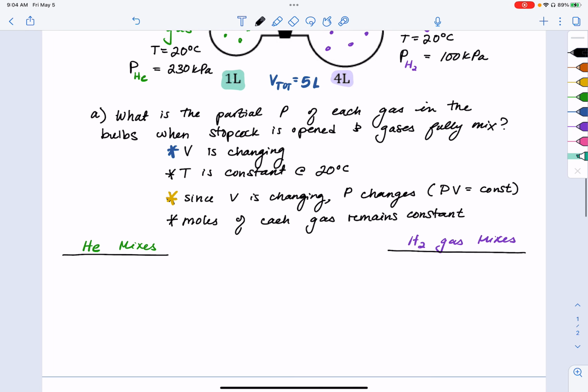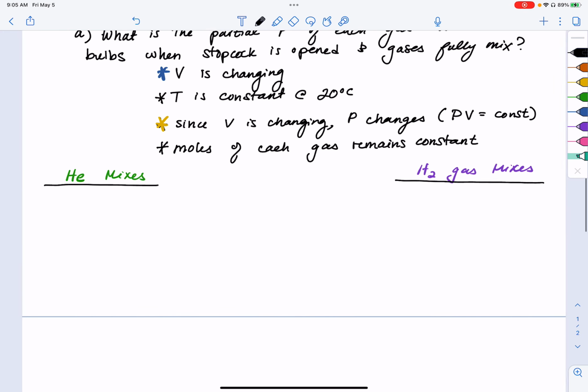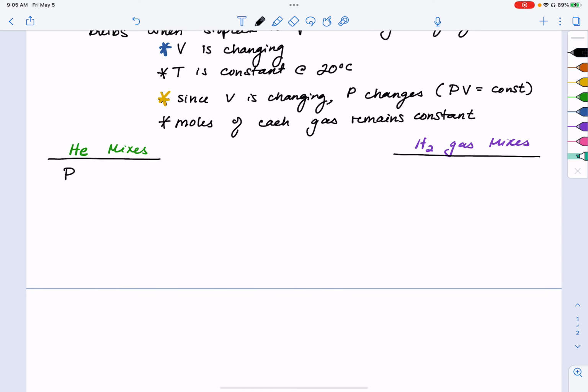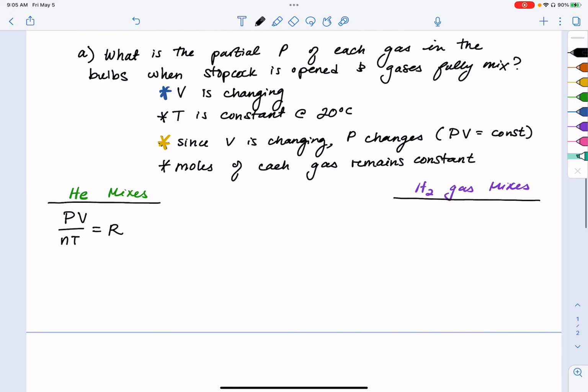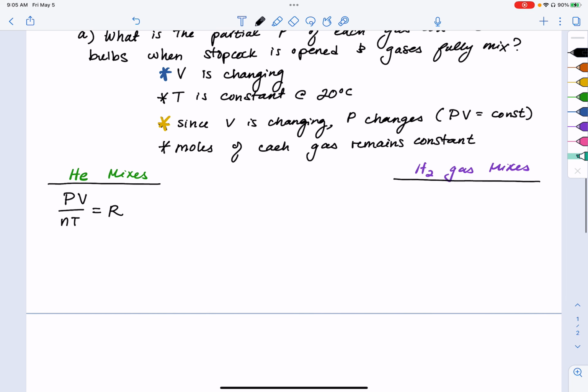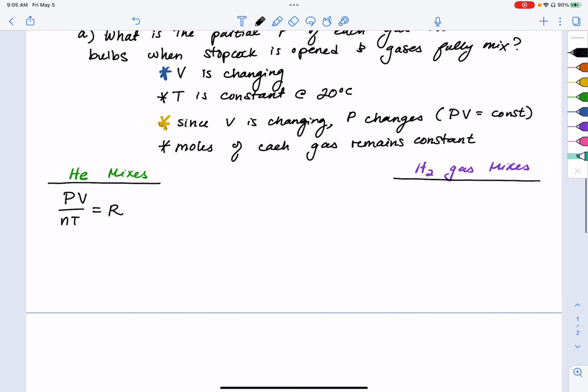All right, let's start by writing out our ideal gas law. So remember, I like to write the ideal gas law as PV over NT is equal to R. And I know that I am going to need to think about what is changing as a result of my volume changing.